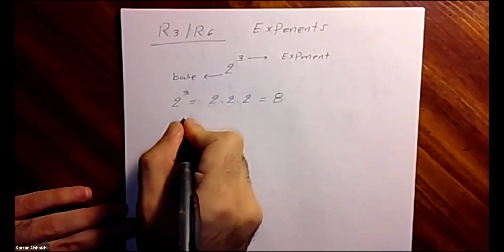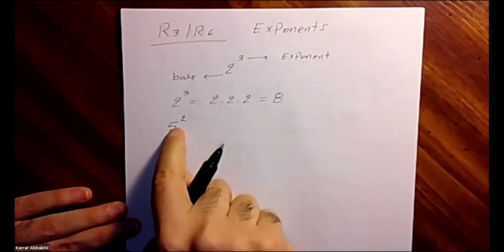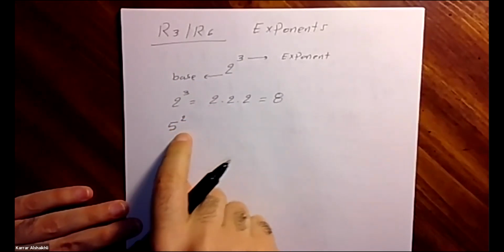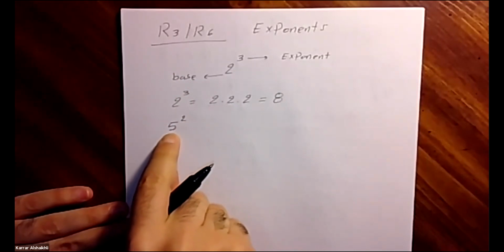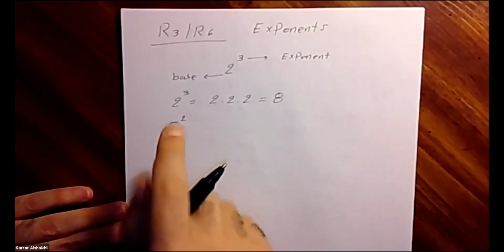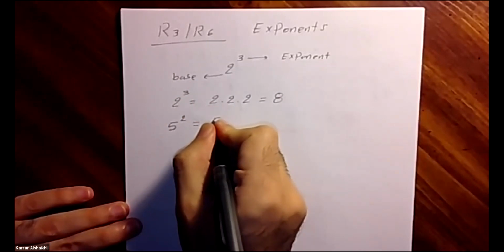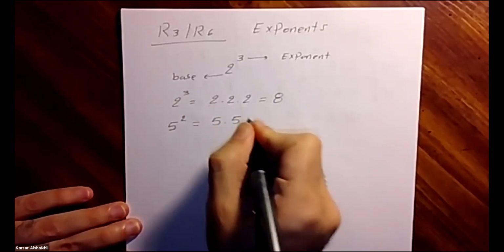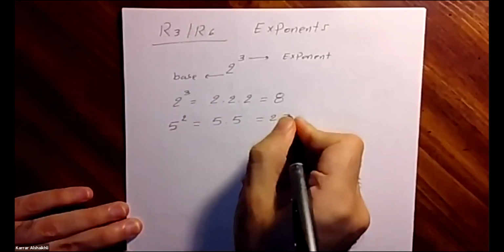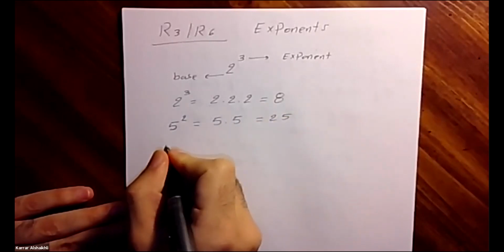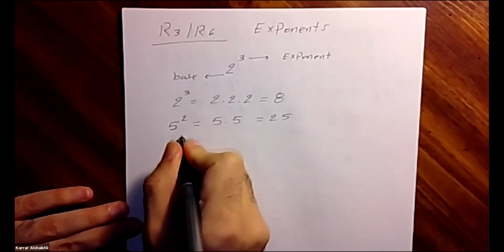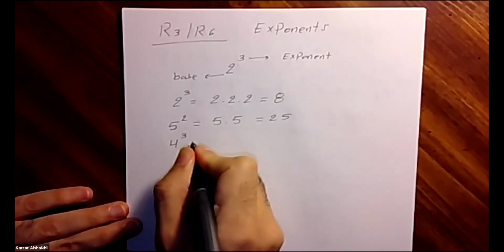5 squared. You're not going to multiply these two numbers. It's going to be wrong. This is the base. This is the exponent. That means this number multiplied by itself 2 times. So it's going to be 5 times 5. The result is going to be 25. 4 cubed.